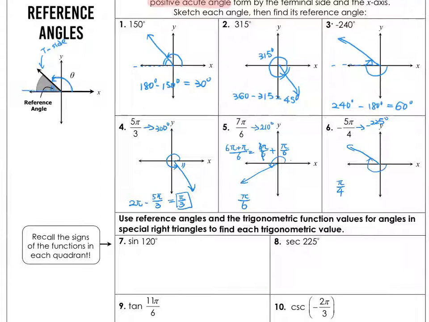So this is your negative angle, and your reference angle is right here. It's still the acute positive angle formed by the terminal side and the x-axis, right? Really easy, really simple. Do not overcomplicate it, and that will make life so much easier.